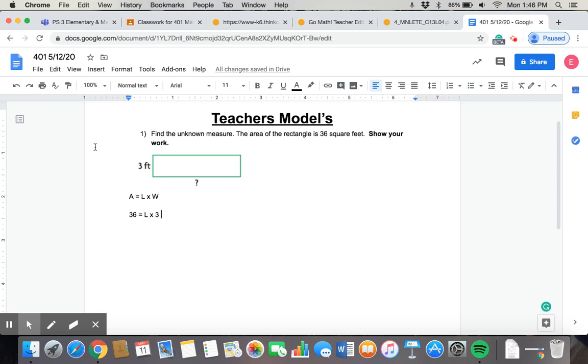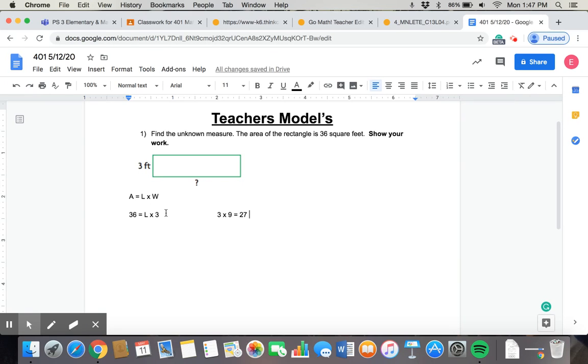So there's two different ways that we can solve this now that we've gotten to this point. One way is I could try and think, what number, because we're talking about a number, the length, times 3 equals 36? What number times 3 equals 36? And I could take some guesses in my head. I could see 3 times 9 equals 27, so I know it's got to be more than 9.